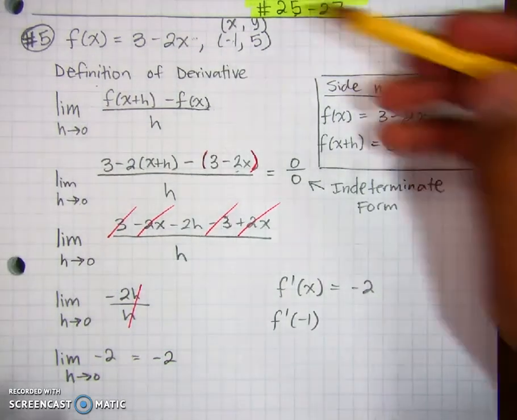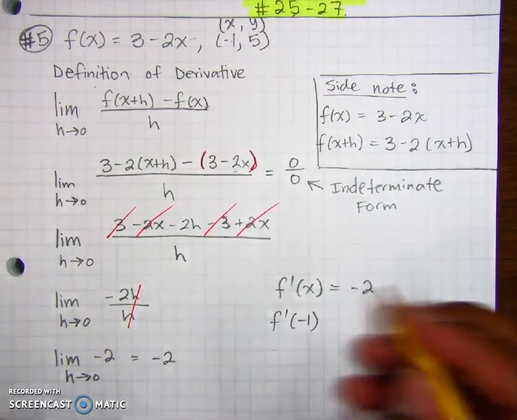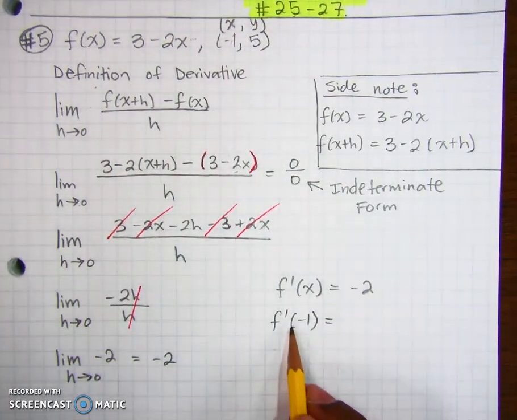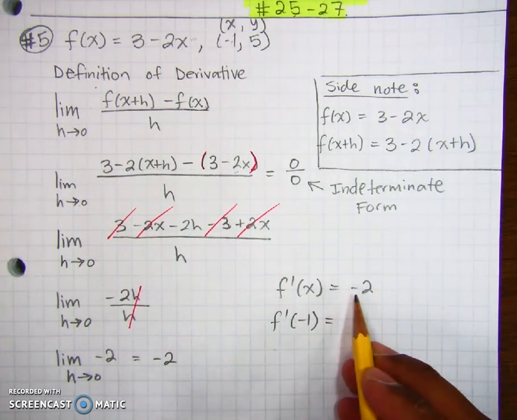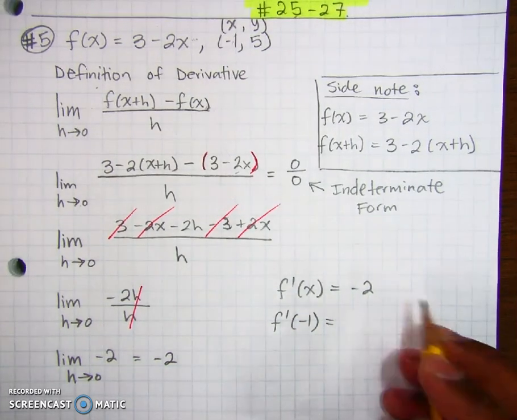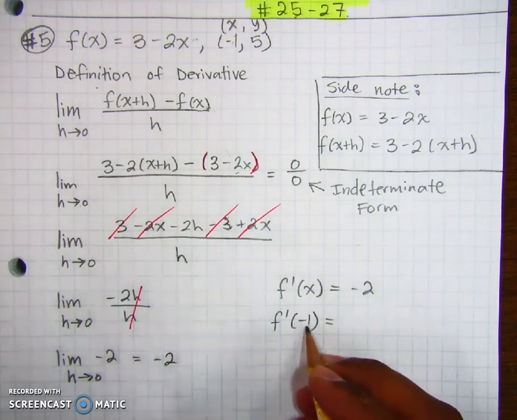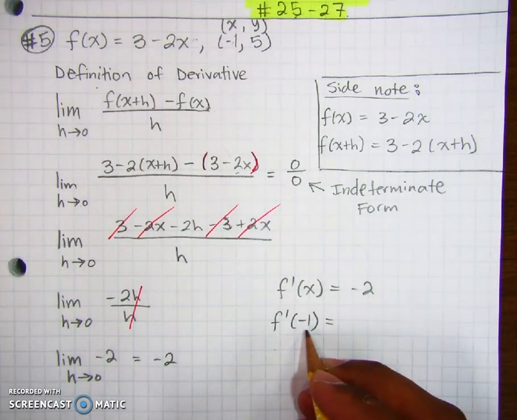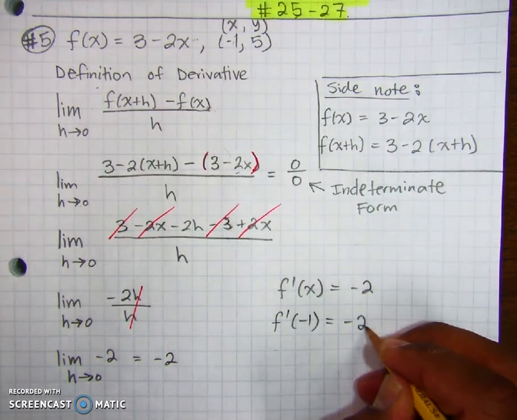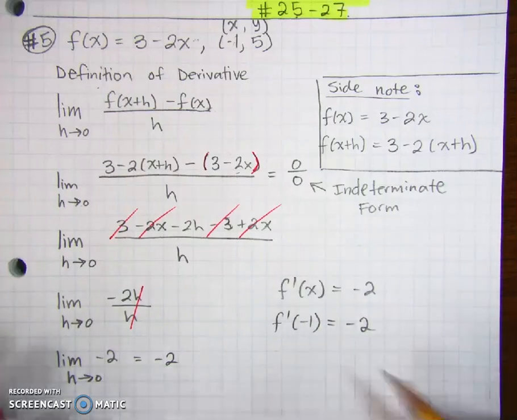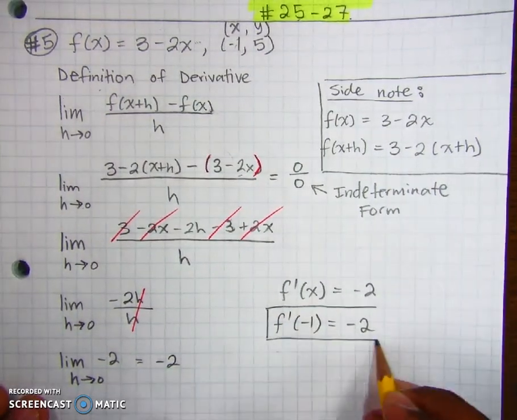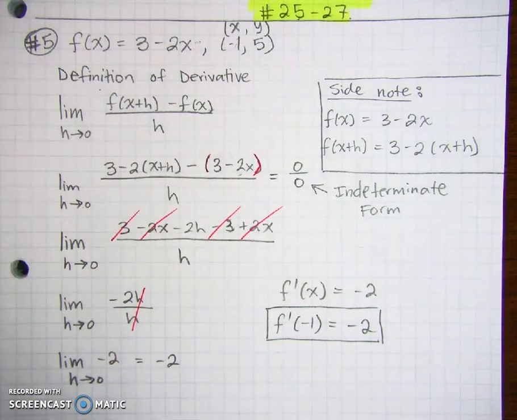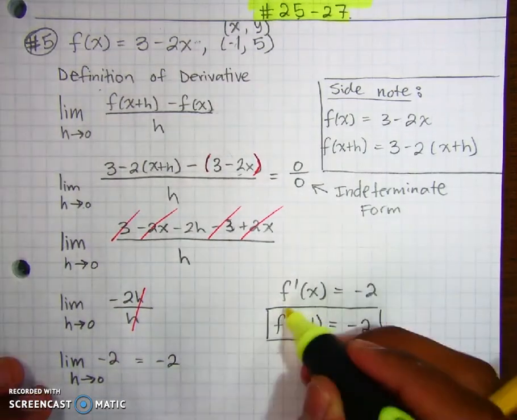We're finding the slope at x equals negative 1. But notice that our derivative, f prime of x equals negative 2, has no x in it. So x equals negative 1, we have no x to plug it into, so it's just negative 2. And that's the answer. And go ahead and highlight that too.